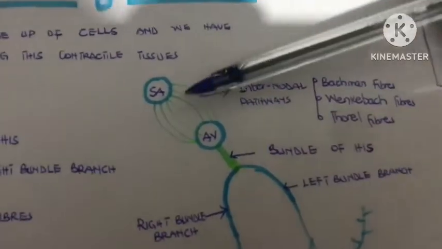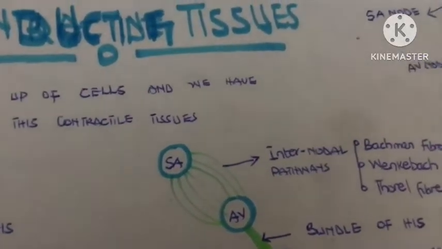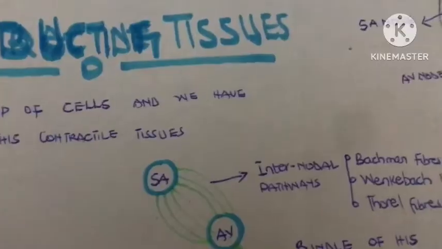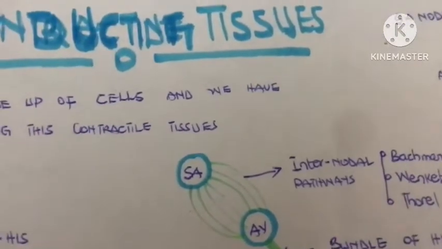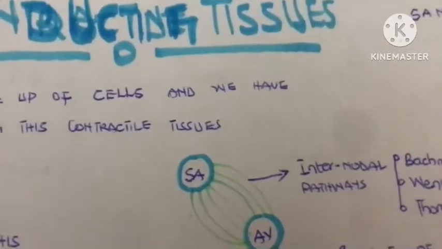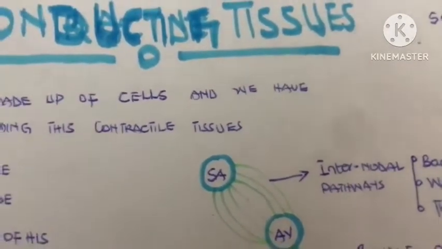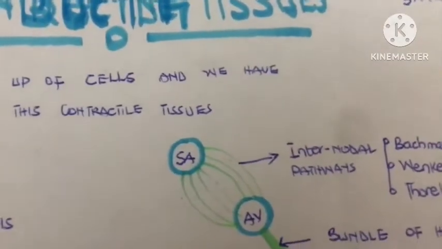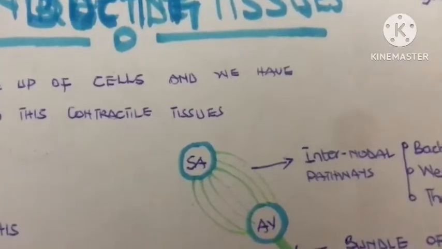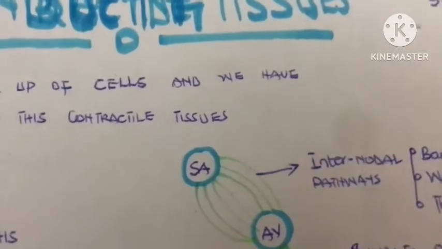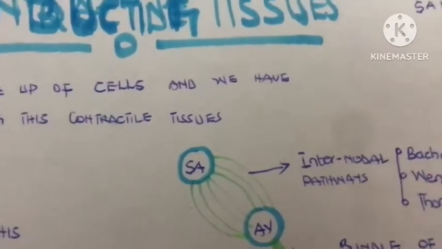You see, this is the SA node, and this SA node is the first nodal cell to generate electrical impulses in the heart, and it is capable of generating these impulses on its own without the help of any external factors or mechanisms. You understand? And the question is, how do they generate these electrical impulses?